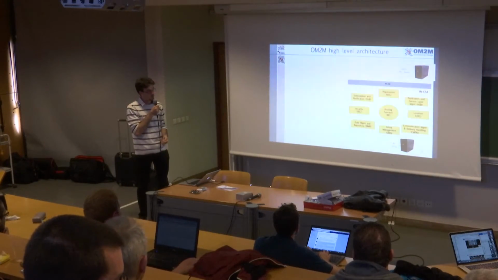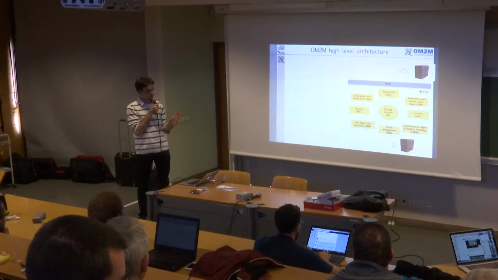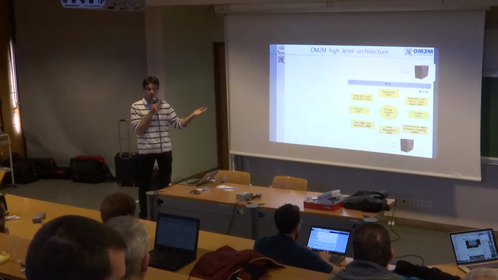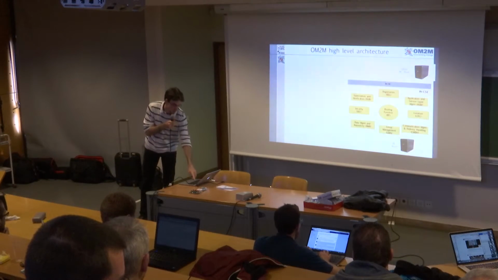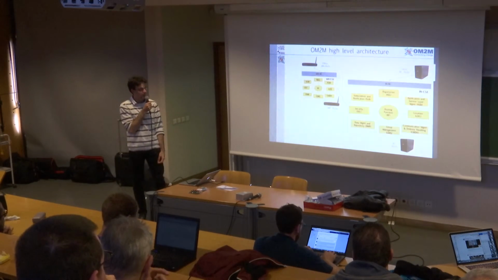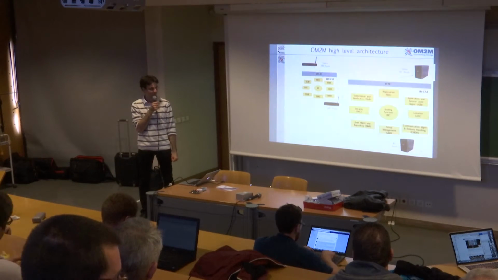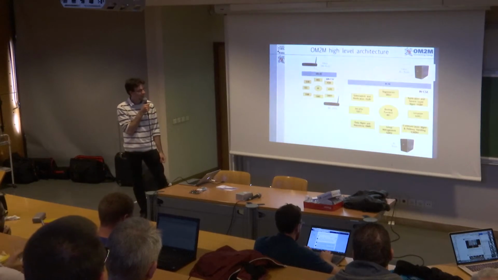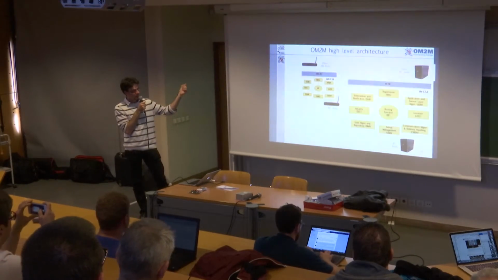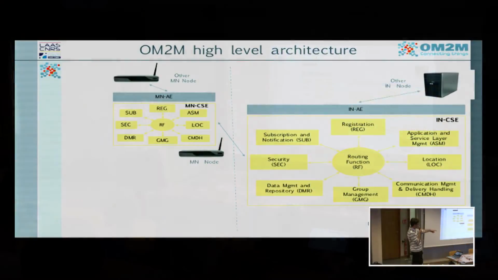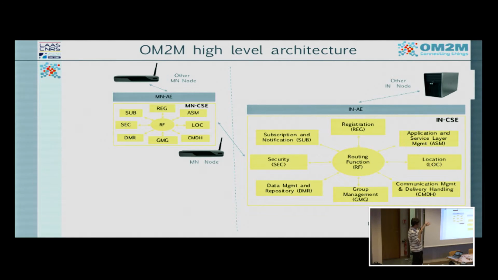But the idea is not to have all the processing on this machine, and you have also typically gateways that will be considered as middle nodes in the standard, that will be interacting with the infrastructure node, and where you can also run the oneM2M platform.